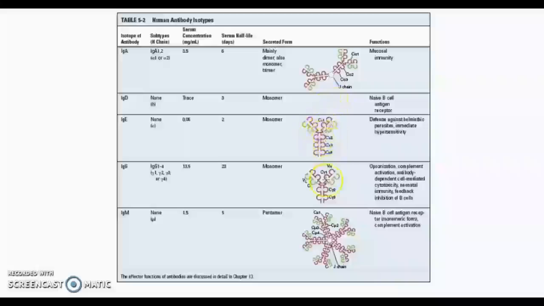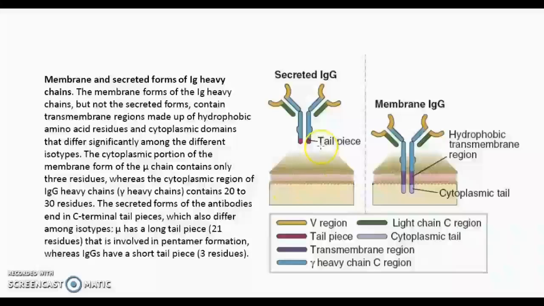IgE and IgG are monomers, and IgM is a pentamer. And here are the secreted and membrane-associated antibodies. They differ in the amino acid sequence of the carboxyl terminal end of the heavy chain C region.